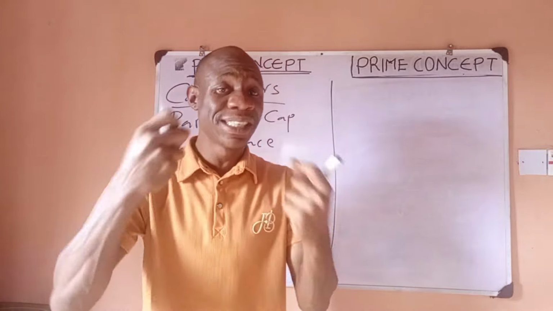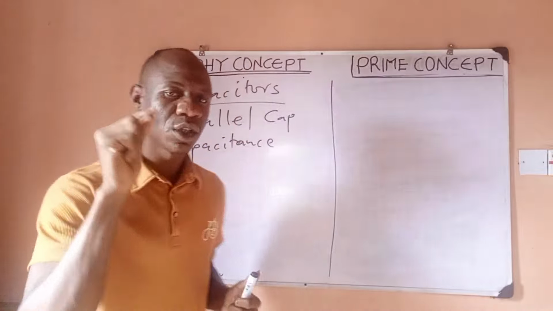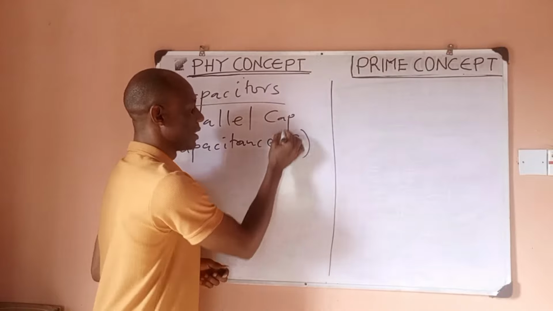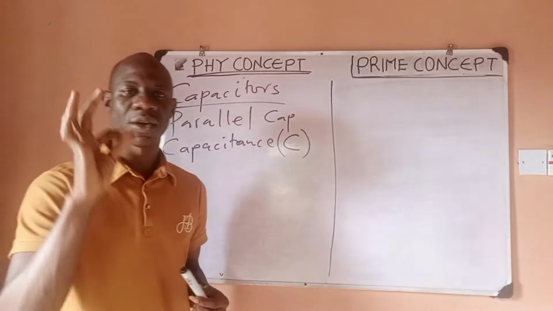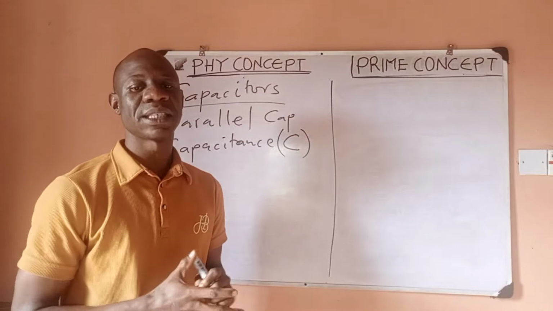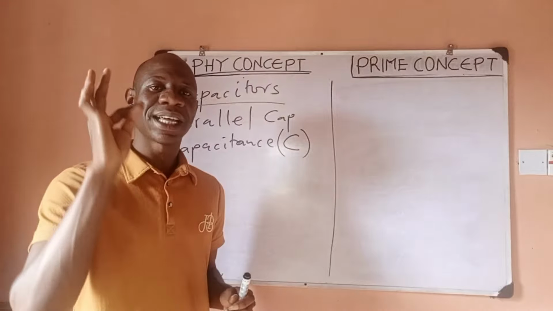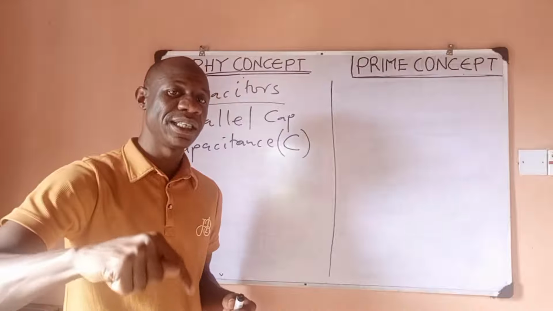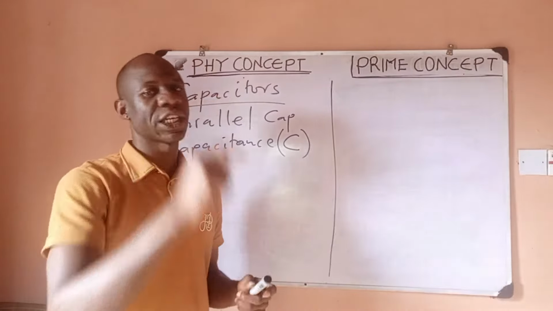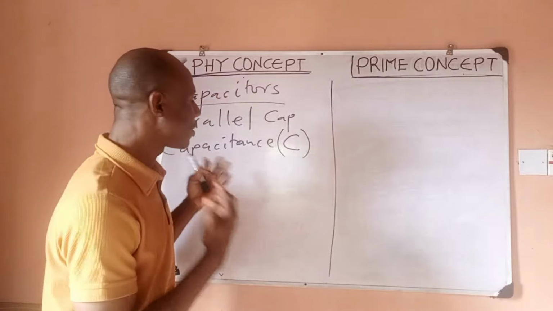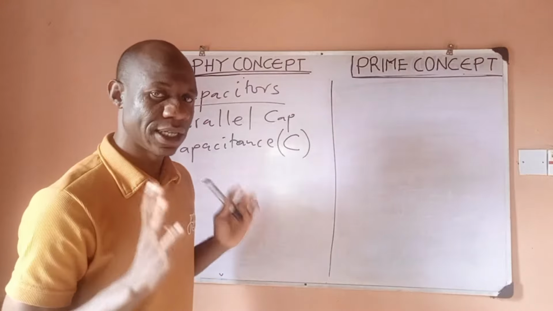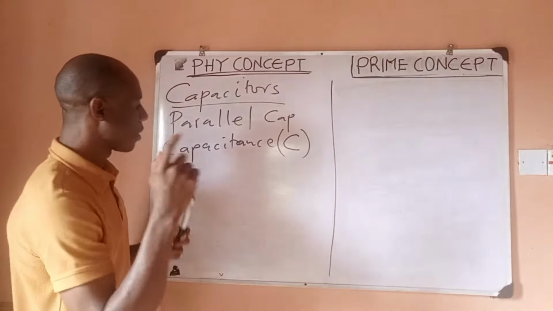The capacity of a capacitor is what we call capacitance, and it is denoted by capital C. The capacitance of a capacitor is a measure of the ability of a capacitor to store charge or energy. It measures the extent to which a capacitor can store charge. That is what we call capacitance.